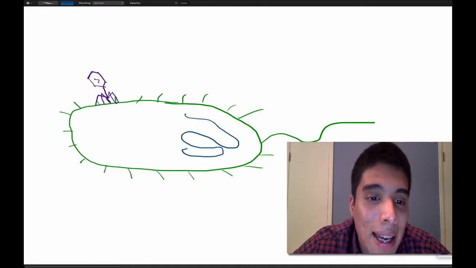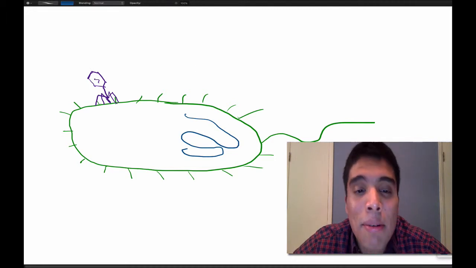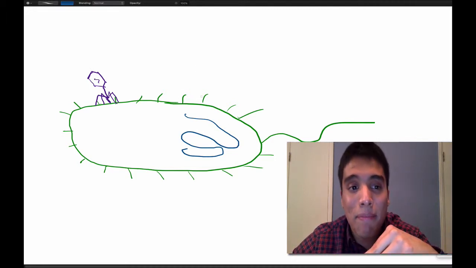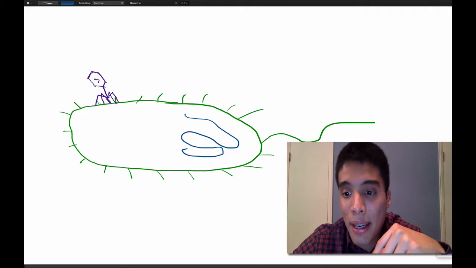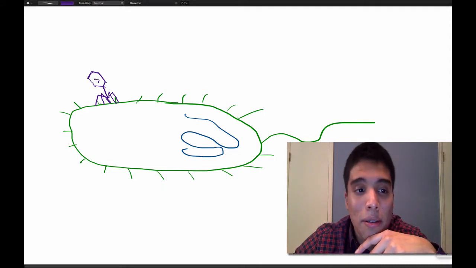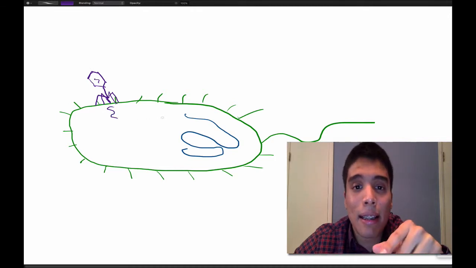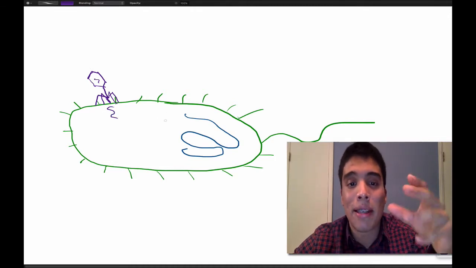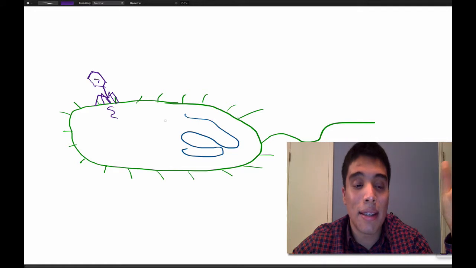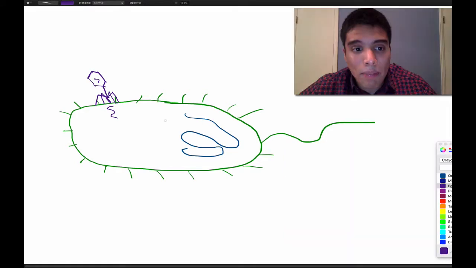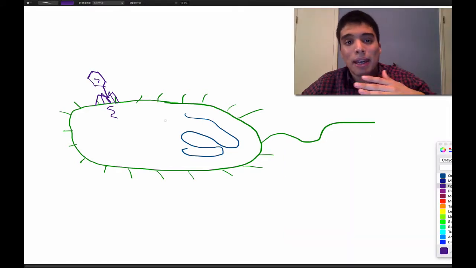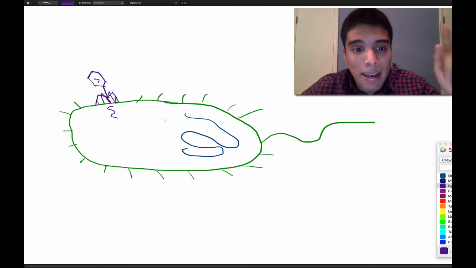When a virus infects bacteria, it'll insert its DNA, that little squiggly line right there. That DNA will take over the cell and make a bunch of copies of the virus. Now this happens to most of them, and most of the bacteria will die.